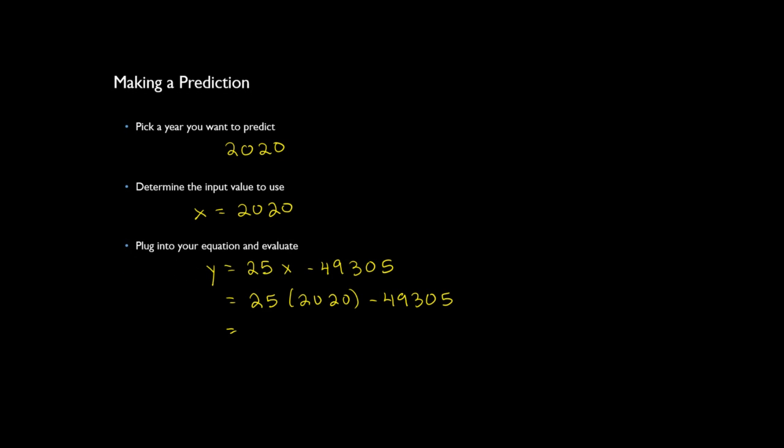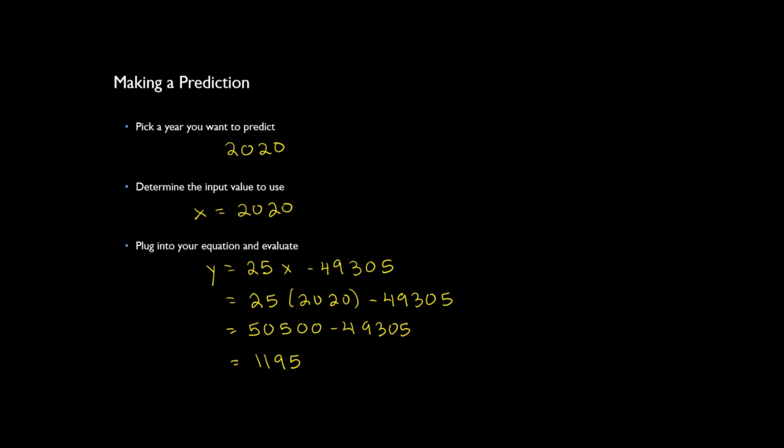So 25 times 2020, 50,500 minus 49,305, and that is 1,195. So that is our prediction that in 2020, there will be 1,195 thousand bachelor's degrees earned by women.